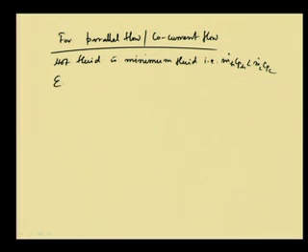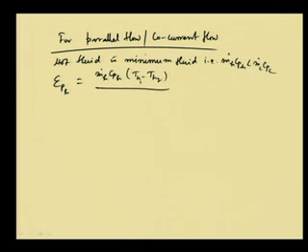We have epsilon for the hot fluid, for parallel flow. It will be like this. It will be m dot h Cph into Th1 minus Th2, divided by the maximum possible heat transfer, which is again m dot h Cph into Th1 minus Tc1.